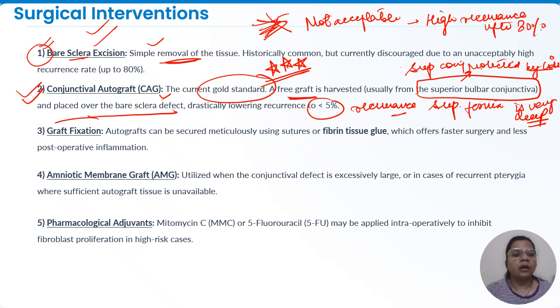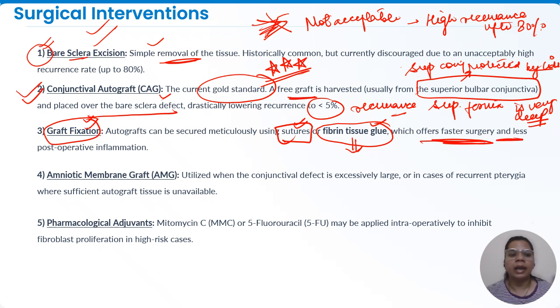Third, the graft which we have taken, we can secure with sutures or fibrin tissue glue. If we use fibrin tissue glue, it offers faster surgery and lesser postoperative inflammation. Next important technique is the amniotic membrane graft.